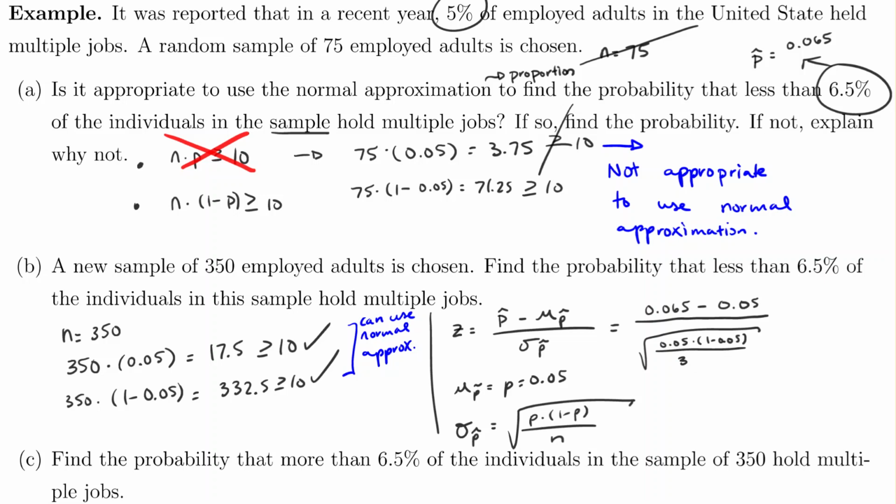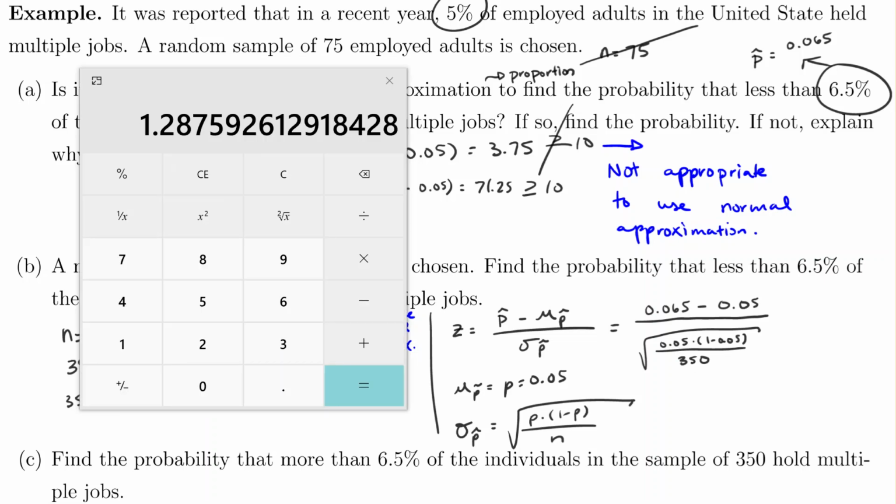Remember, the new sample size was upgraded to 350. And now to complete this, we'll need to be careful that we type this into our calculator without error. When I type this into the calculator, this is what I get. Remember, if you've got a z-score, you're using the cumulative normal chart. It's to 2 decimal places. So I'm just going to immediately round this to 1.29.